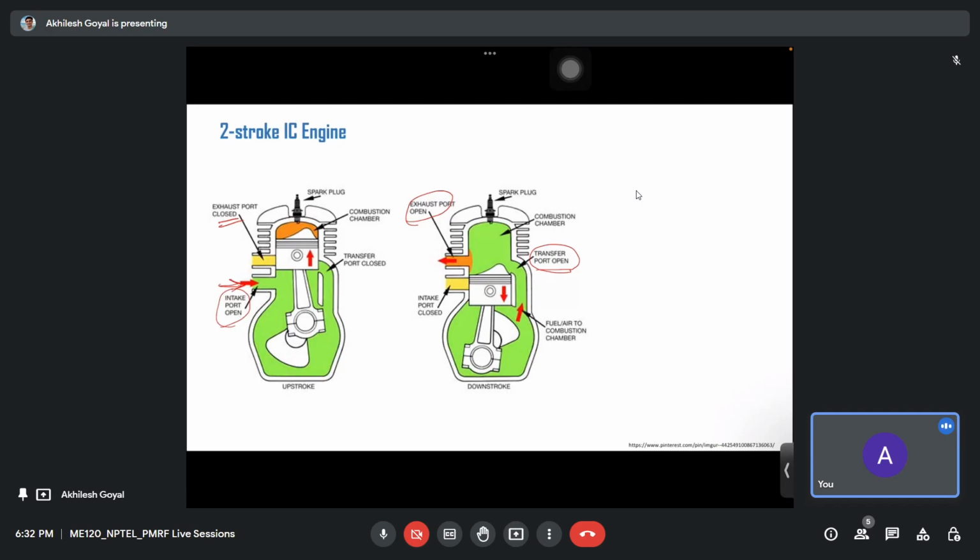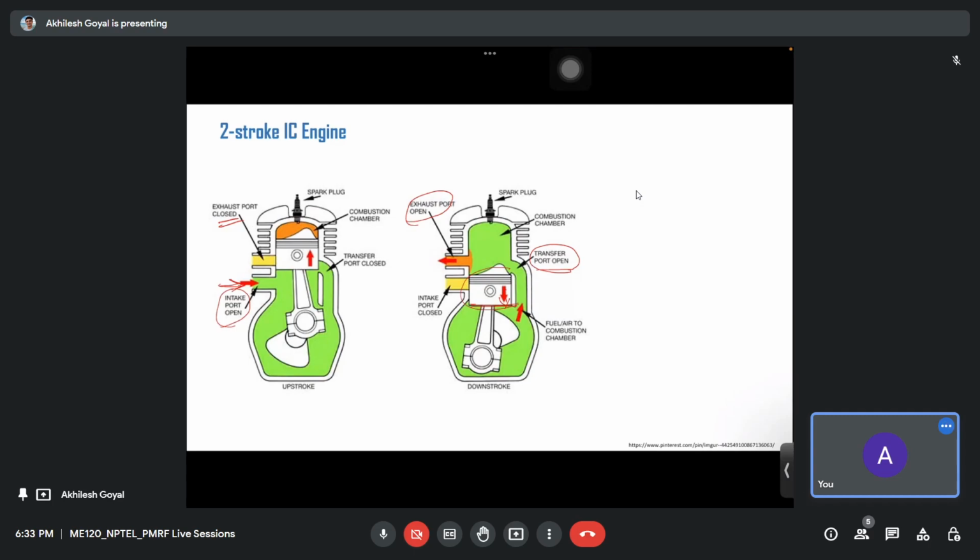So when this piston goes in the downward direction, the air or fuel mixture that comes inside this engine block starts moving in the upward direction, which means into the cylinder. So in this position, the exhaust port is open, as well as the transfer port.